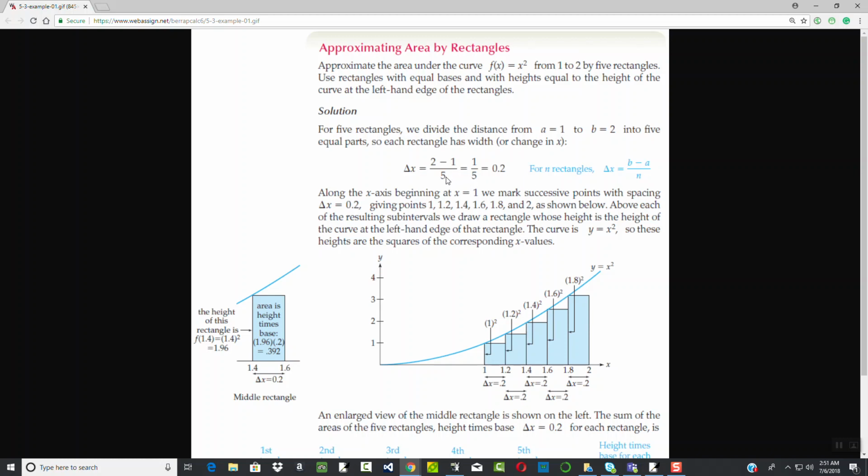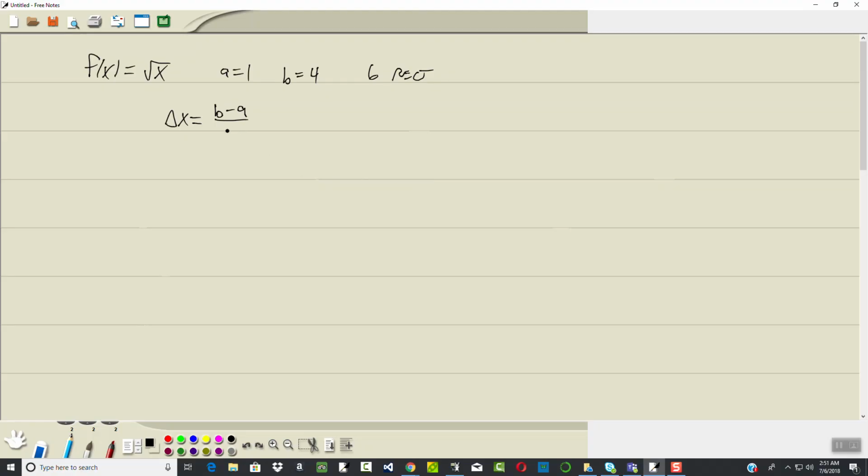This is our number of rectangles. So we're going to have 4 minus 1 over 6. 4 minus 1 is 3 over 6, which gives us 1/2. Or, if you prefer to work with decimals, 0.5. Okay, so that's our delta x.